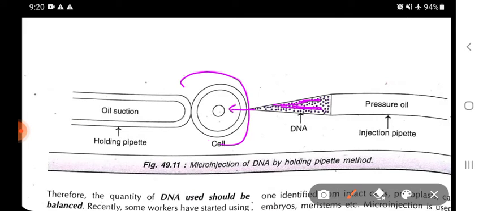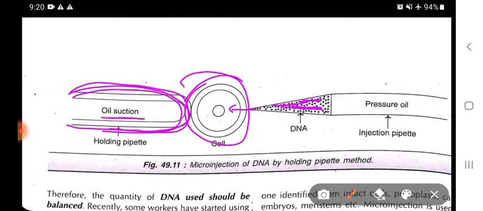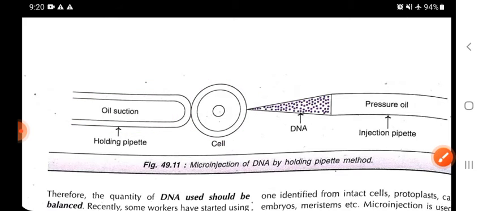The cell is held by this holding pipette with the help of suction, and the cells are placed in a semi-solid agar medium to immobilize the cell. For this technique, patience is required. Experts are required, because there is a lot of failure with this technique.